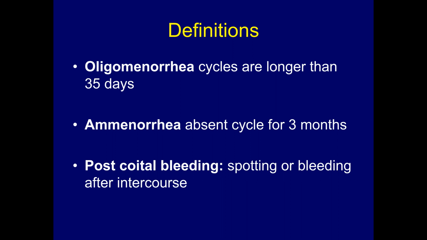And if it goes to more than 3 months, it's amenorrhea. Some people put the postcoital bleed as a separate entity, which is simply bleeding or spotting after intercourse, and some people would put it with the metrorrhagia.